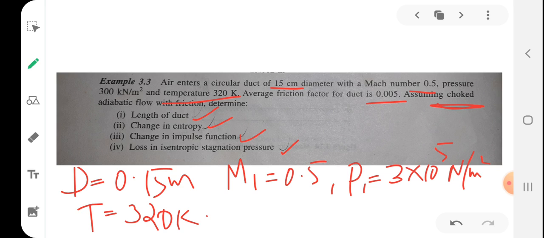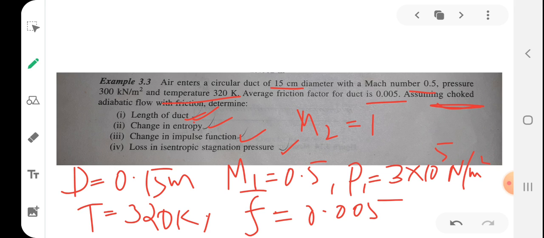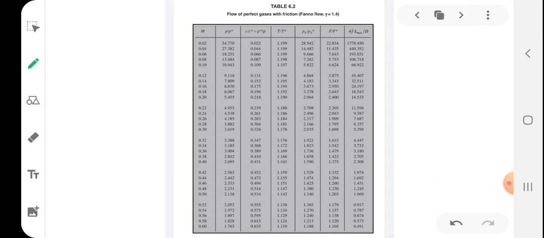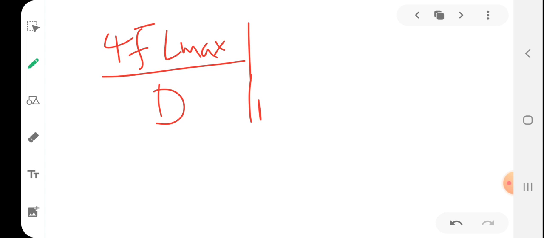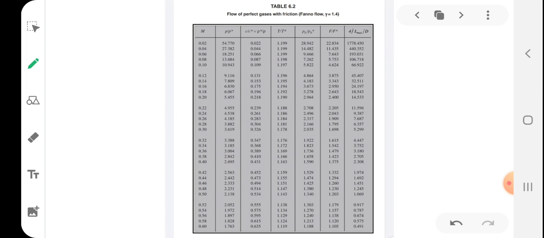The average friction factor f bar is given as 0.0005. What should be found out? The length of the duct. Since M2 is 1, the length of the duct is the maximum length, L max. So for f bar L max by D corresponding to M1 equal to 0.5, we get 1.069.